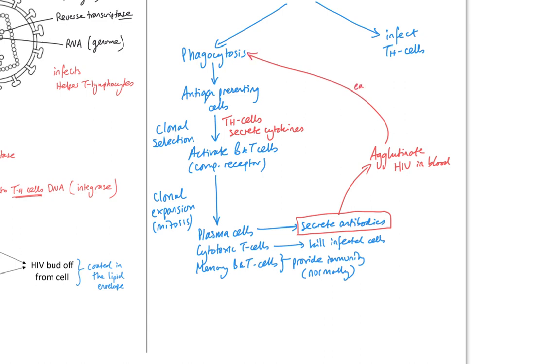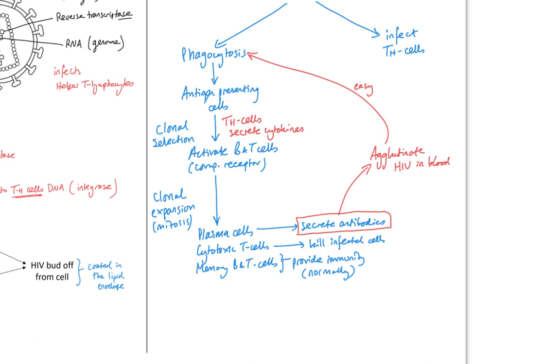So it's easy phagocytosis that's going to take place. This should clear the infection. The plasma cells make the antibodies. Antibodies are going to mop up any HIV in the blood, and the cytotoxic T cells are going to kill any infected cells. However, my infected cells are my T helper cells. So if I kill my T helper cells, I can't do this.